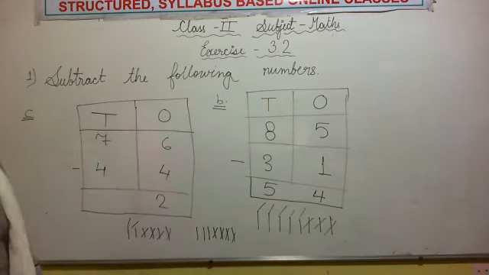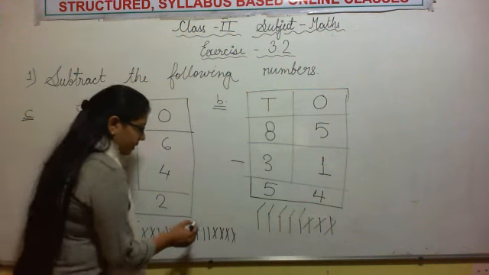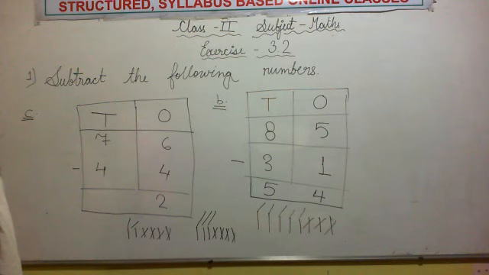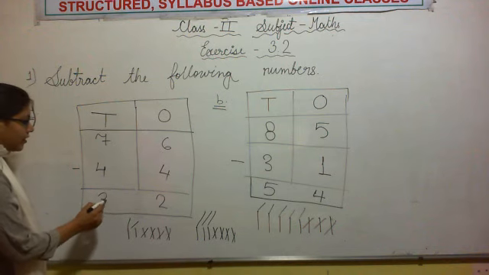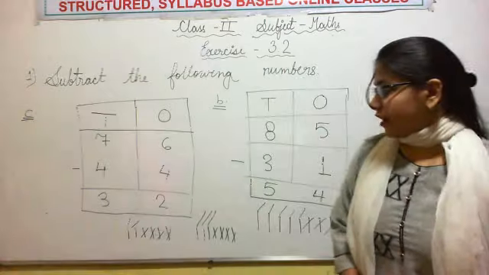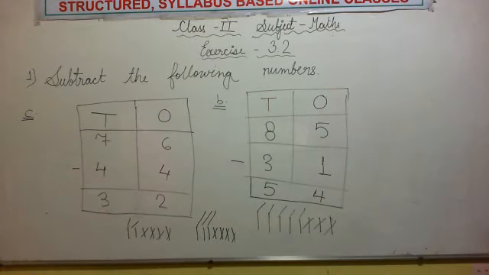Now we have cancelled 4 sticks. Now we will count the remaining sticks. 1, 2 and 3. 3 sticks are left. So we will write the number 3. So 76 minus 44 is equal to 32. Our difference, or our answer, is 32.